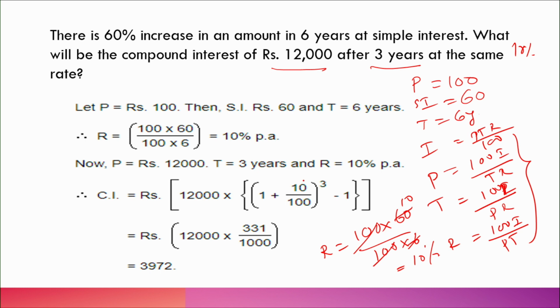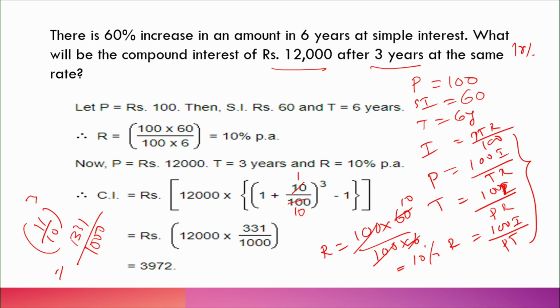So, we can say 10 ones are 10, 10 tens are 100, correct. That means 1 plus 1 by 10 is 11 by 10. So it is 11 by 10 whole cube. 11 cube is 1331, correct, and 10 cube is 1000.